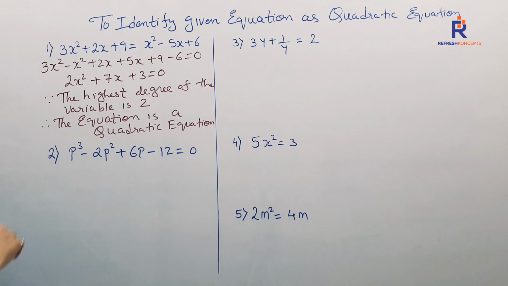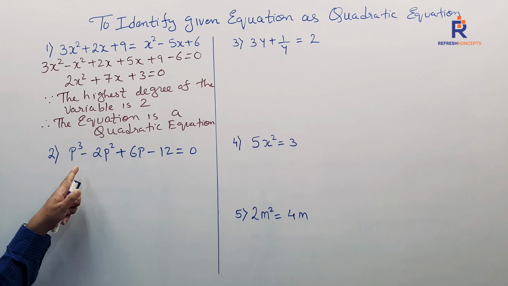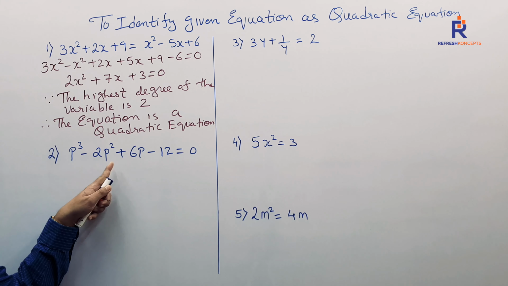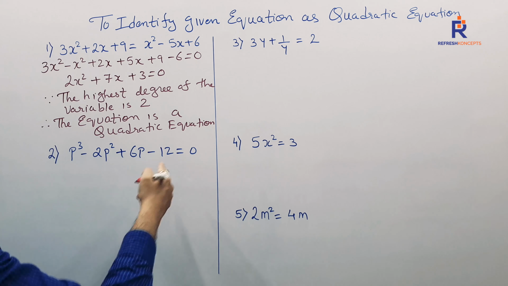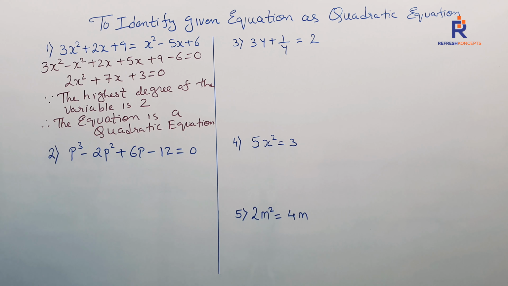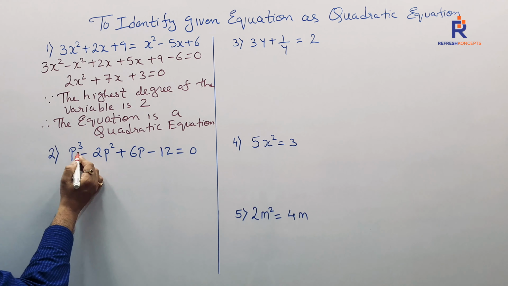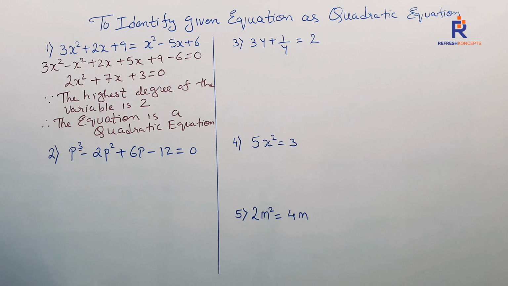Now, children, let's see what the next sum is trying to say. The next sum given to us is p cube minus 2p square plus 6p minus 12 equals 0. Since it is already in equal to 0 format, the highest degree over here is 3, right? So is it a quadratic equation or not? It is indeed not a quadratic equation.